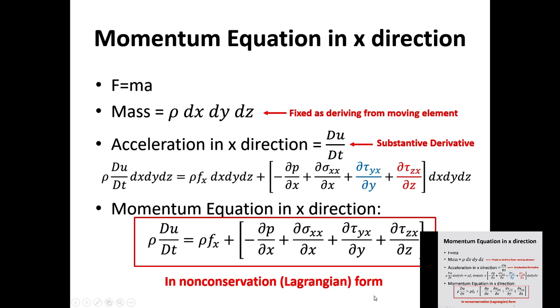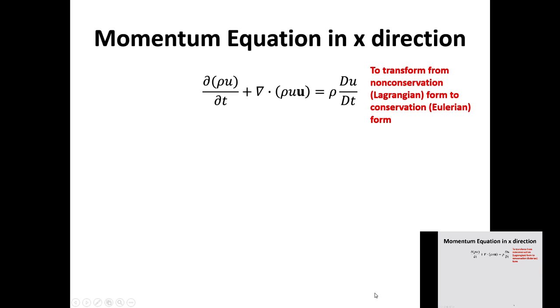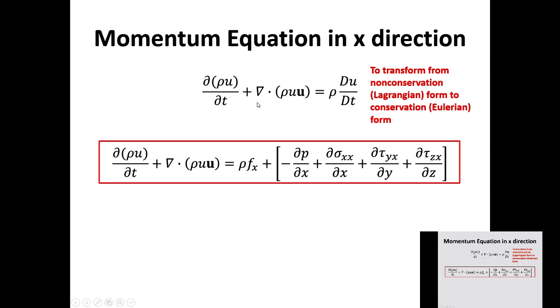So this is in the Lagrangian form. If you wanted to change it to the Eulerian form, you can write rho du over dt as that. Therefore, your ma term is expanded to the partial of rho u over partial t plus nabla dot rho u times u, which is equal to your total of forces. So this is the momentum equation in Eulerian form.